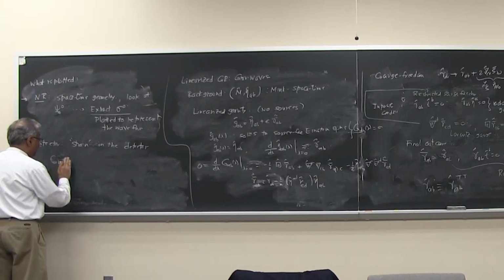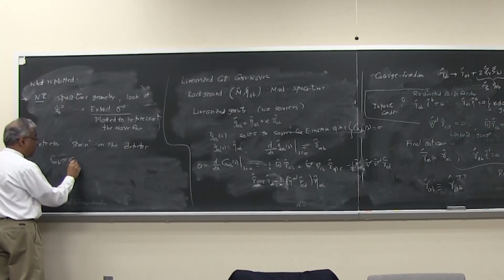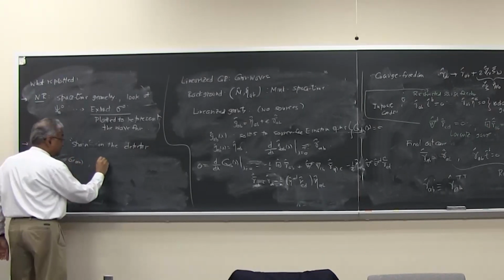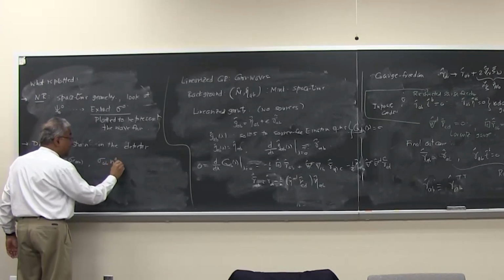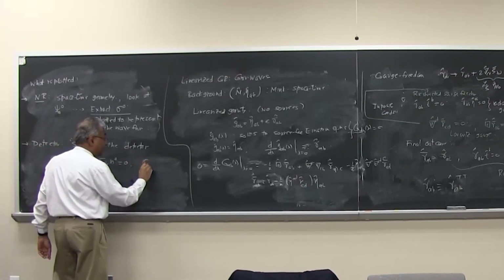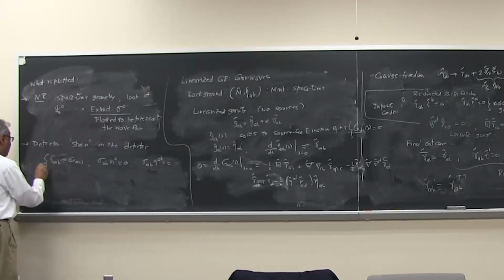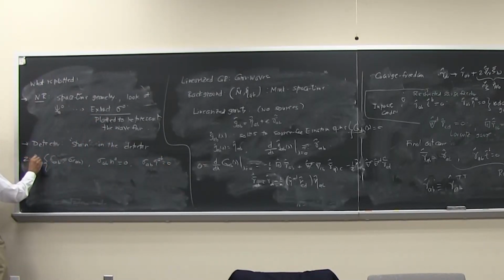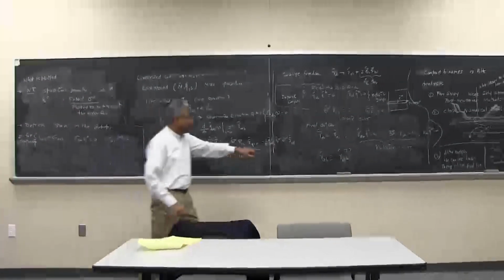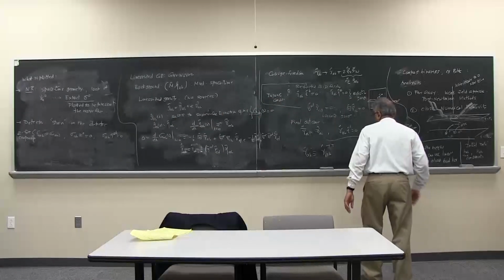And this sigma AB was symmetric, transverse to N^A, and traceless. Again, I got two free components, and here we also have two free components. But what is the relation between the two?